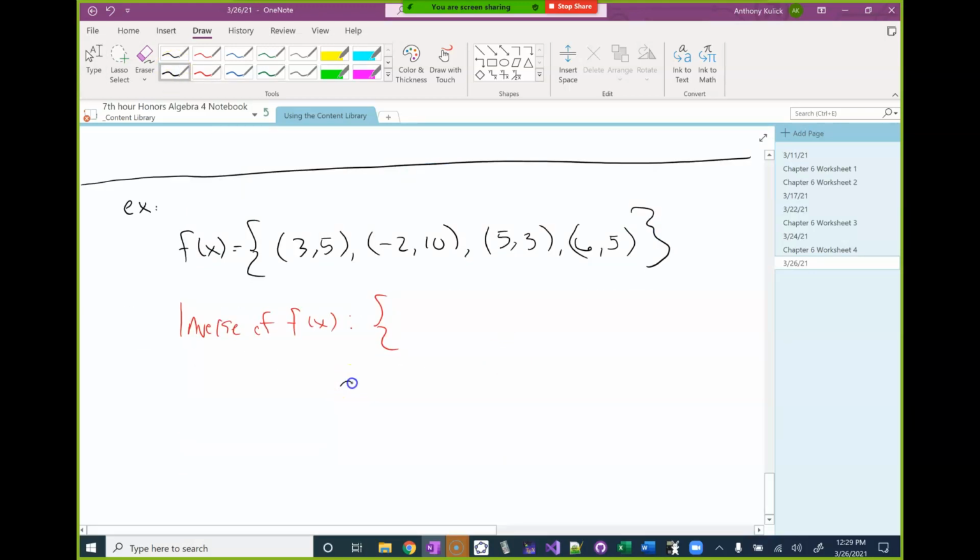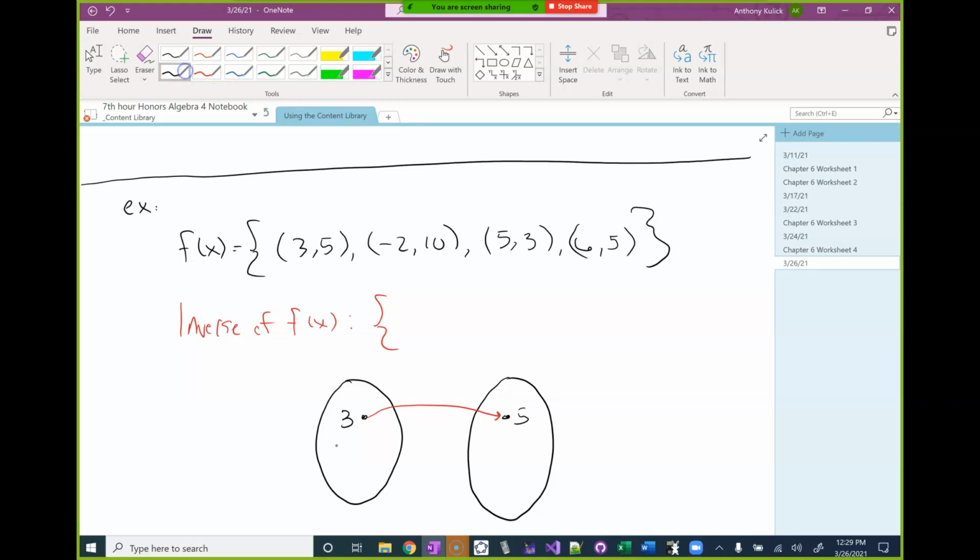So if I have the point 3, 5, the point -2, 10, the point 5, 3, and then the point 6, 5. Okay, that's our f of x.